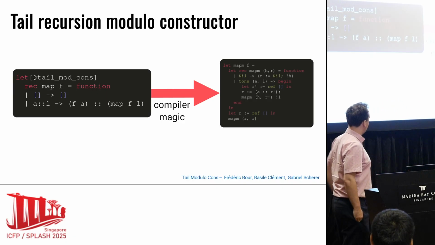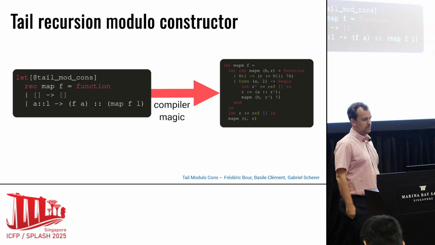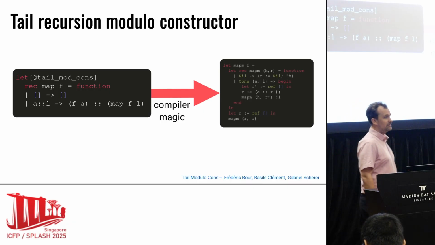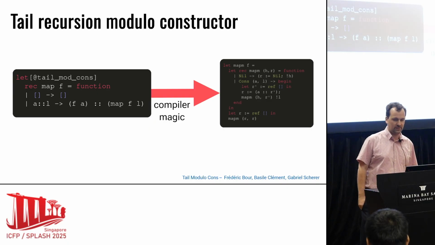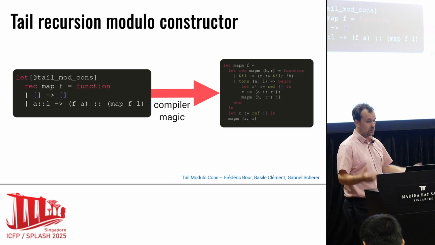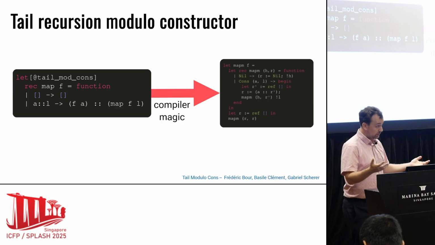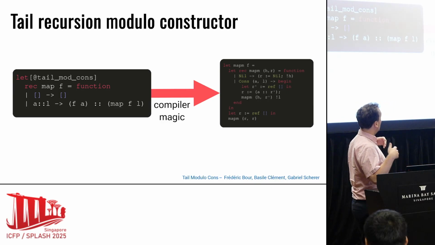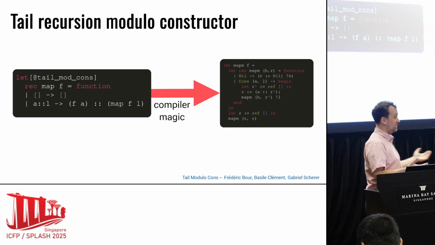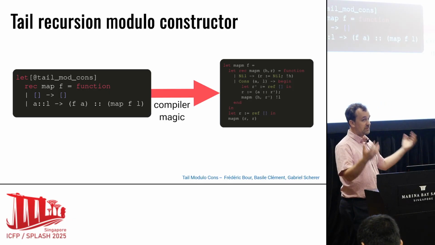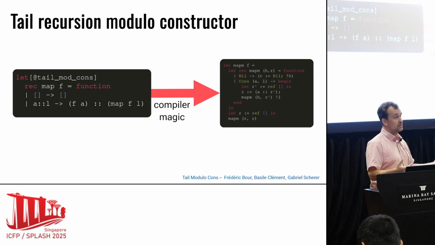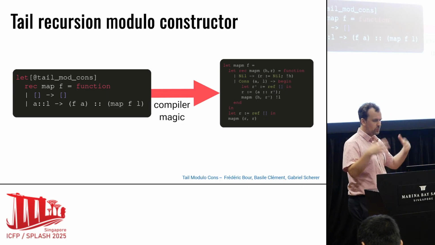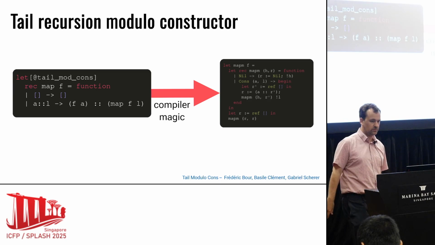Just imagine it does. And that's really, really nice, because I don't have to do anything. You write the map that you want to write, no problem, and it is efficient. But it's not very flexible, right? You need to fall into one of these patterns that the compiler recognizes. And that's quite a few, but there's plenty of more things you can do if you have actual programming tools.